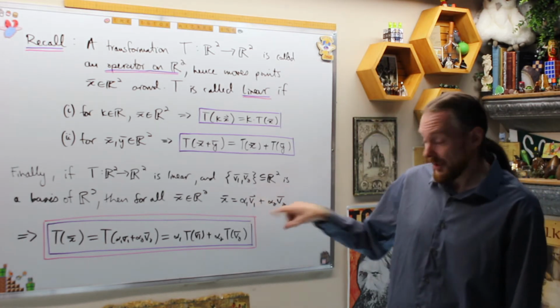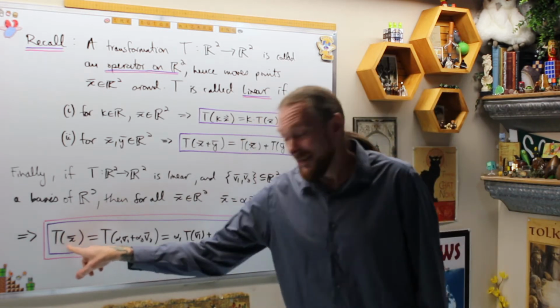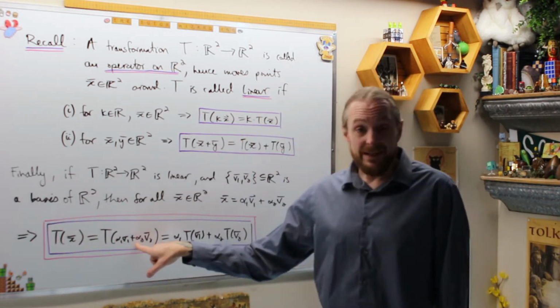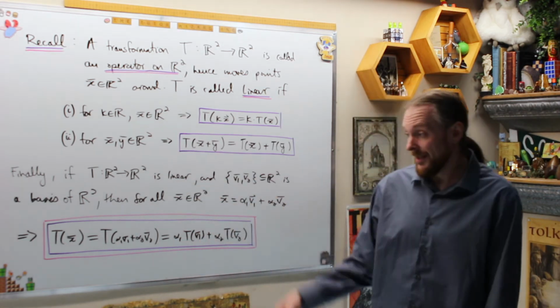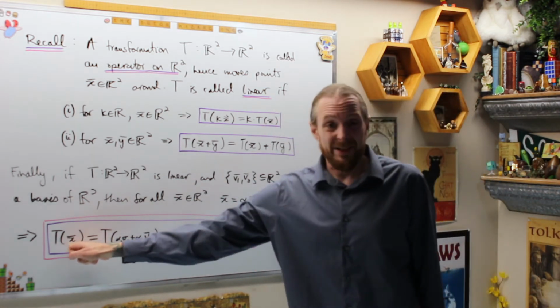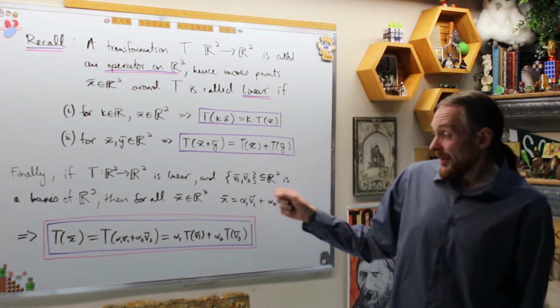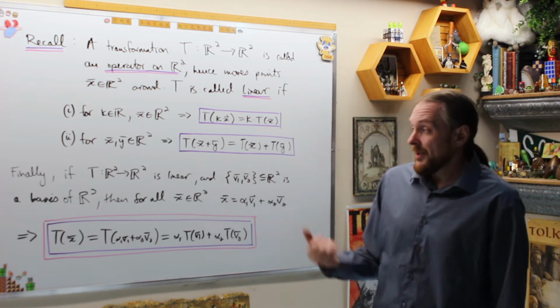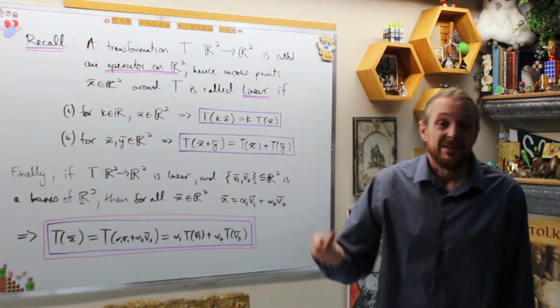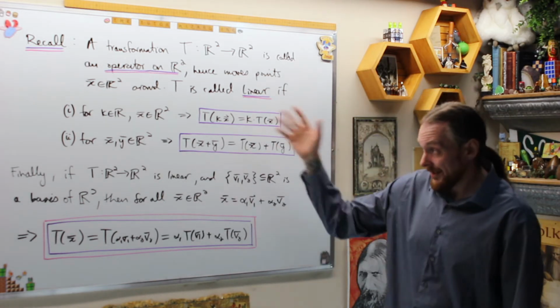I get this unique linear combination, and therefore T of X is T of this guy, and I can spit out scalars and split sums, so I get this nice property that I can completely determine where every point in R2 goes by knowing where the basis vectors go. In particular, we know where to get the standard matrix from the images under the canonical basis, I and J in this case.